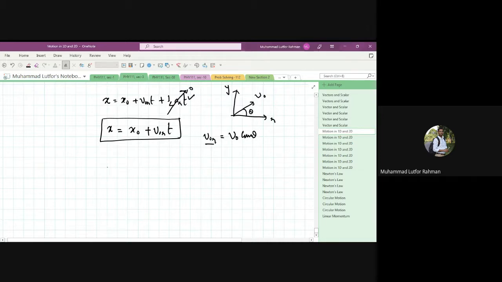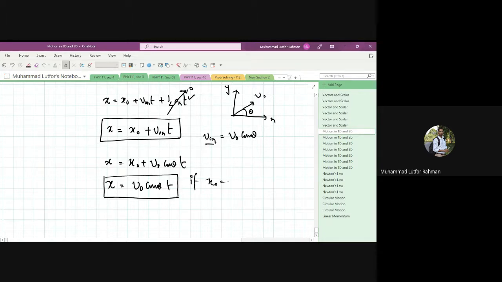That's why we sometimes use this equation x equals x naught plus v naught cos theta into t. For simplicity, we define x naught as 0. Then this will be v naught cos theta into t, which is exactly the same equation as s equals vt, which you identify for a particle moving at constant velocity.